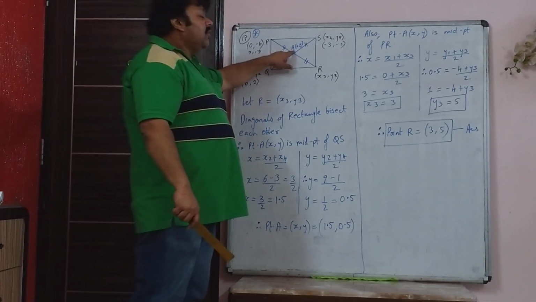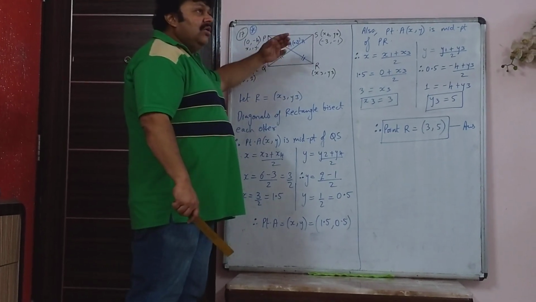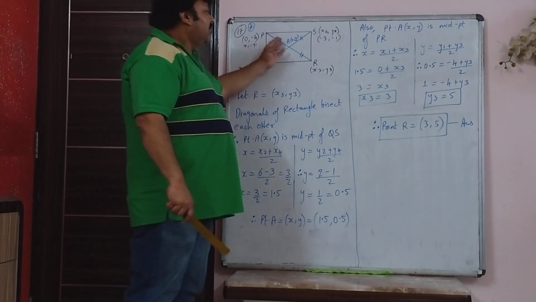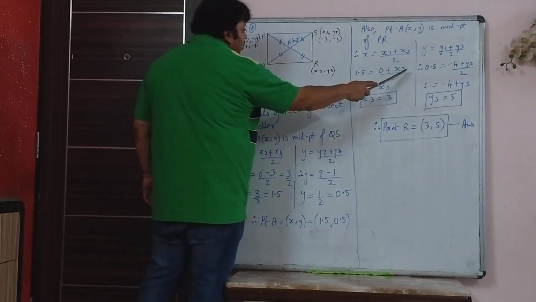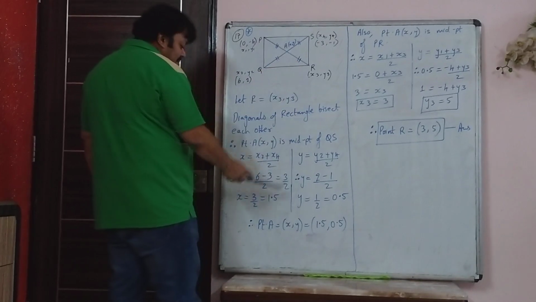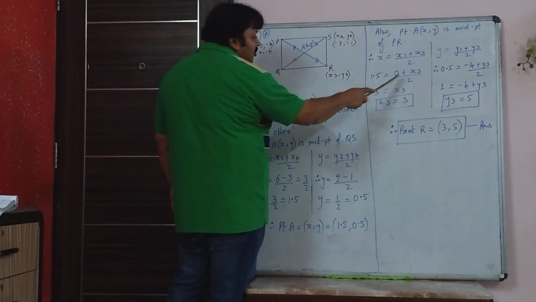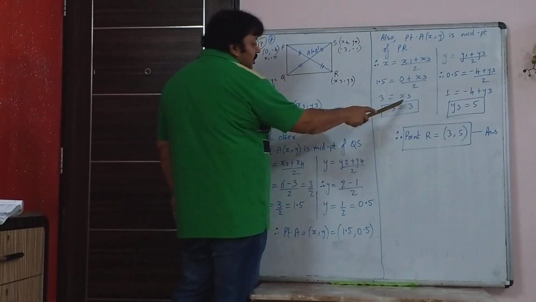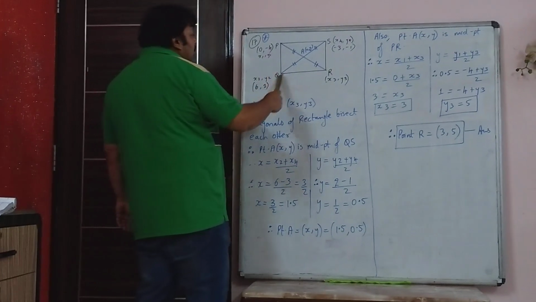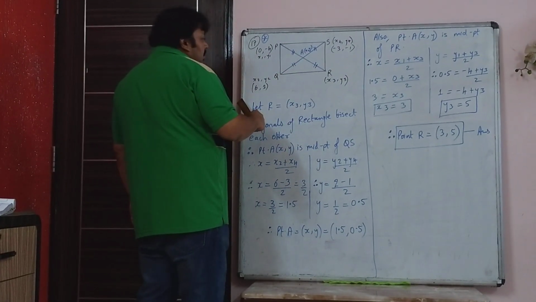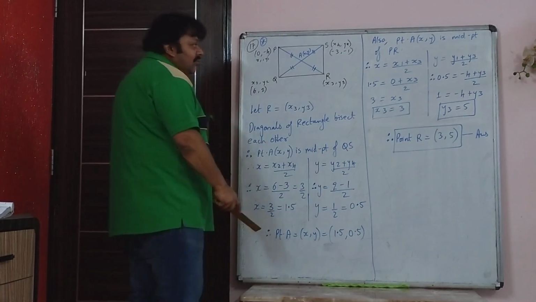So now that you have found A, that is the midpoint of QS, you can use the same logic: A is the midpoint of PR. So (0 plus x3) upon 2 will be the x coordinate, which you have found, that is 1.5. So 1.5 into 2 is 3, so x3 is 3. Now the same way you can find y. You can take (y1 plus y3) upon 2 is y.